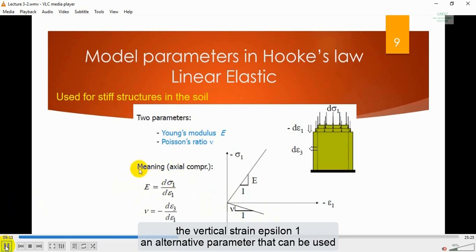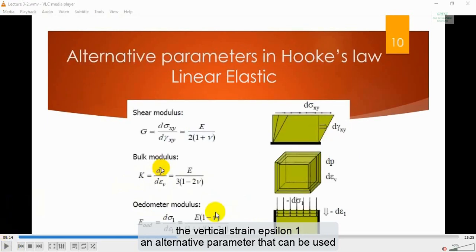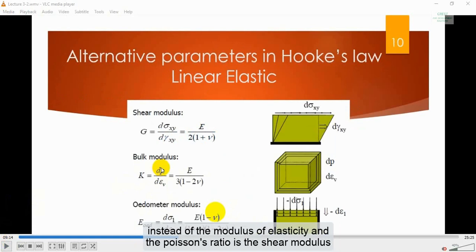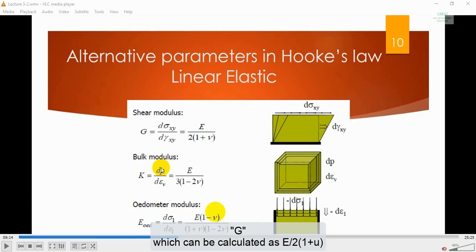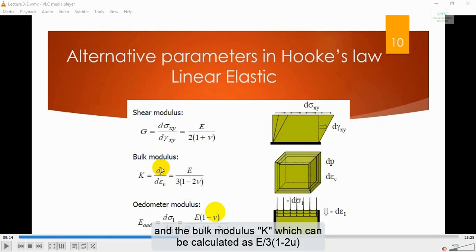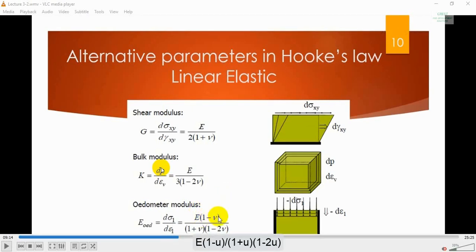Some alternative parameters that can be used instead of the modulus of elasticity and the Poisson's ratio are the shear modulus G, which can be calculated as E over 2 times (1 plus mu), the bulk modulus K, which can be calculated as E over 3 times (1 minus 2 mu), and the oedometer Young's modulus, which can be calculated as E times (1 minus mu) over (1 plus mu) times (1 minus 2 mu).